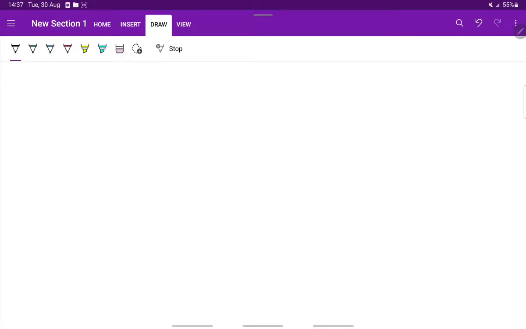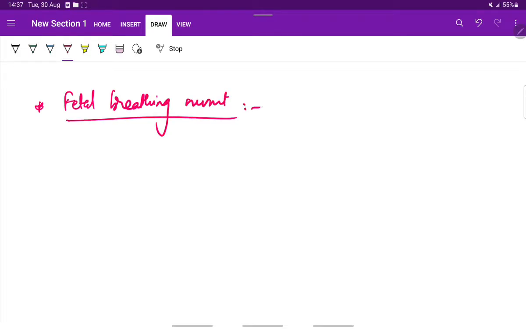First, let us see about the fetal breathing movements. Two types of fetal breathing movements have been seen. One will be gasps, which occur at a frequency of 1 to 4 per minute.